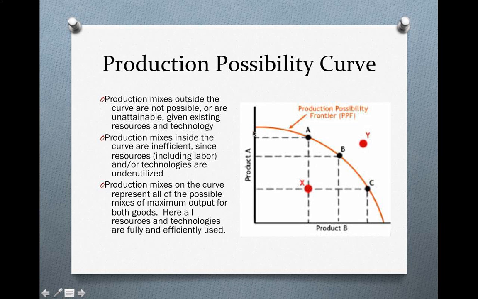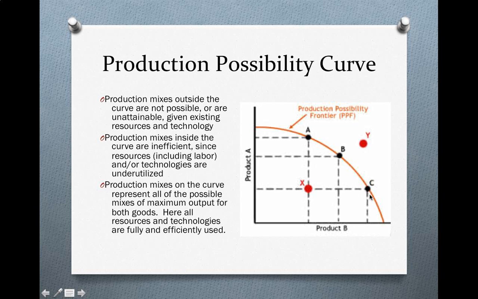So it is possible for us to use every single resource that we have to only produce product A. If we did that, we would not be able to produce any product B whatsoever because all of our resources are being used to make product A. Same thing going over here. This is a possibility. And be careful because this is a test question.